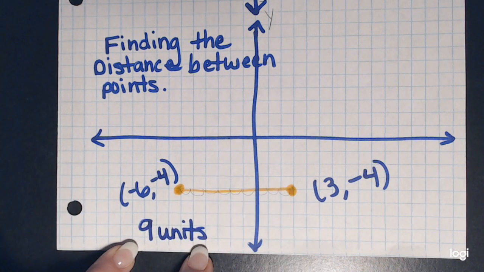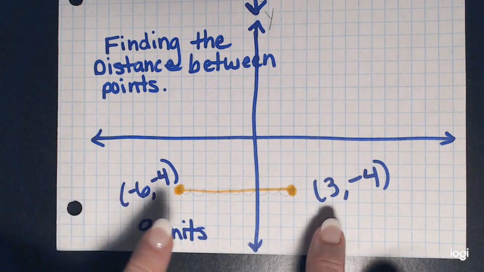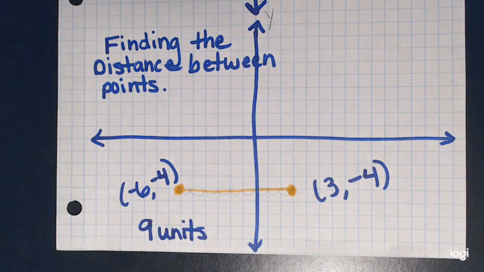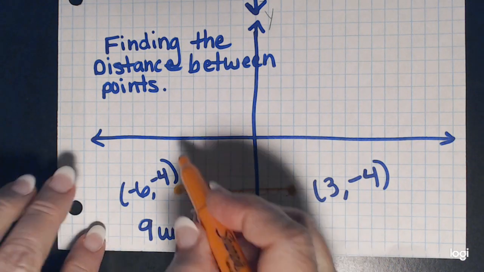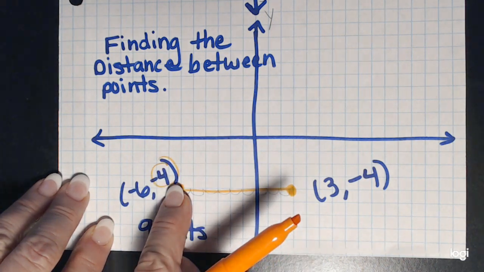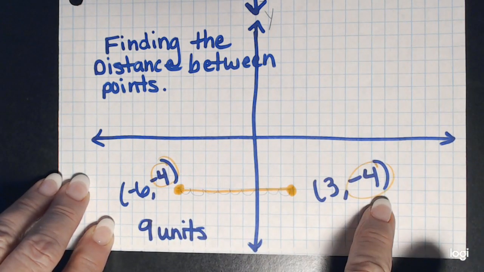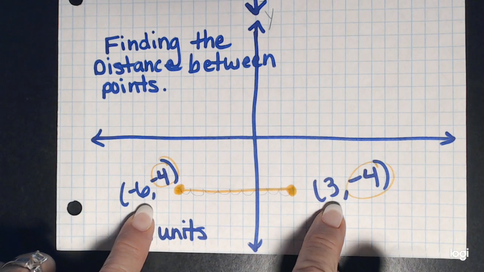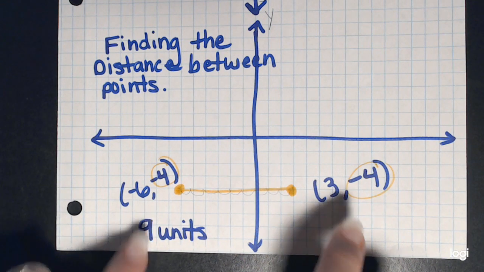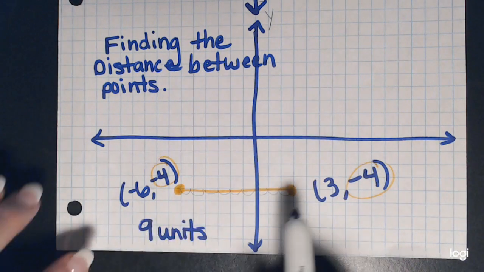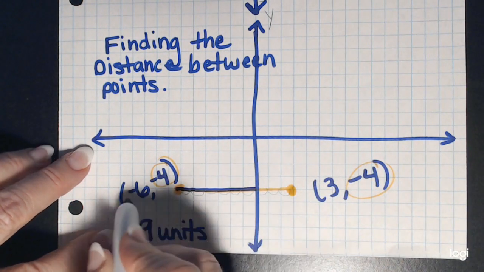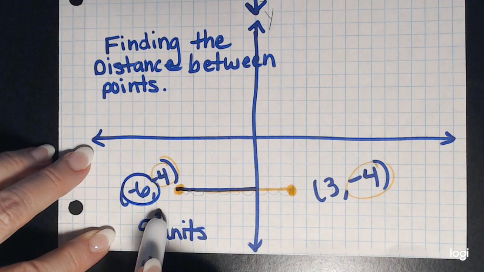Now, some of you are actually smart enough to not have to draw this and count. Some of you are going to notice that, well, they both have the same y coordinate, but if you notice, their x coordinate is different. From the y-axis right here over, I went 6 units.